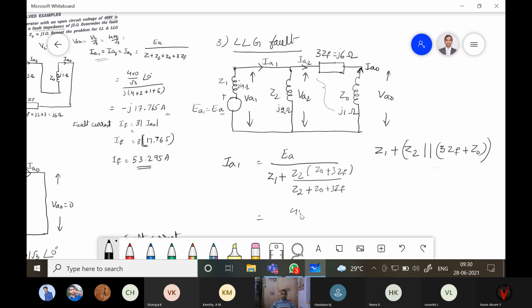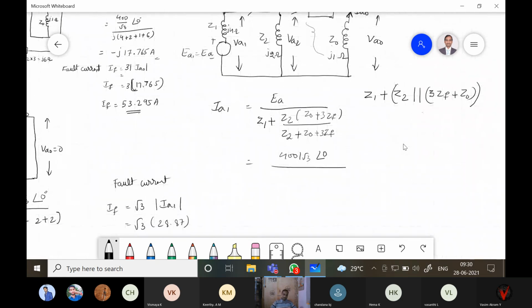EA is equal to 400 by root 3 at an angle 0 divided by, with J common, Z1 is 4 ohm plus Z2 is 2 ohm into (Z0 is 1 plus 3ZF, that is 6) divided by 2 plus 1 plus 6, which will give IA1. So calculate it.